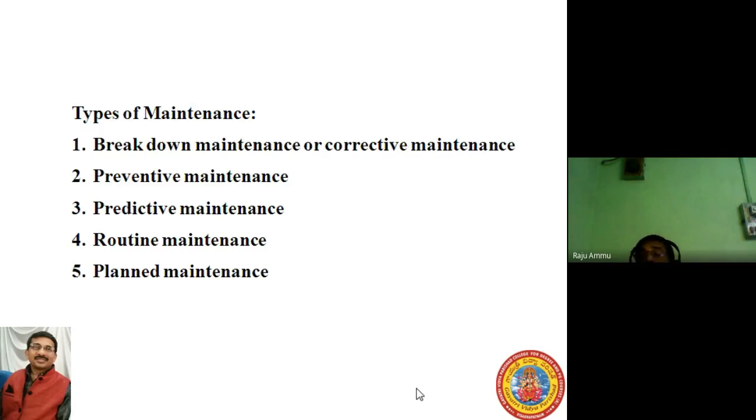Repetitive servicing is needed for those particular furnaces or that big equipment which has a chance of a breakdown, and which may cause problems to us. In those cases, we better go for preventive maintenance.